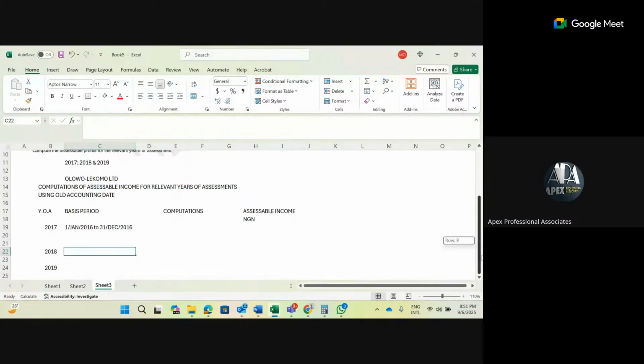The second year, still on preceding year basis, is going to be 1st of January 2017 to 31st December 2017. The third year is going to be 1st of January 2018 to 31st December 2018.